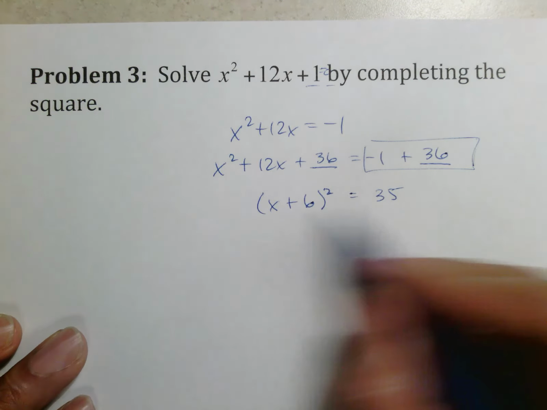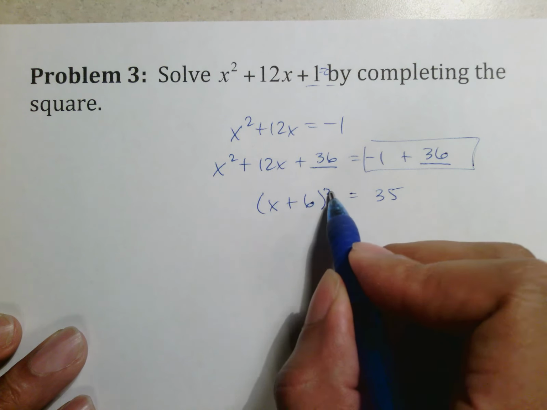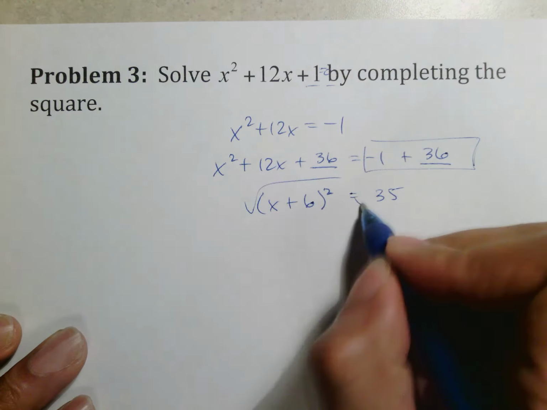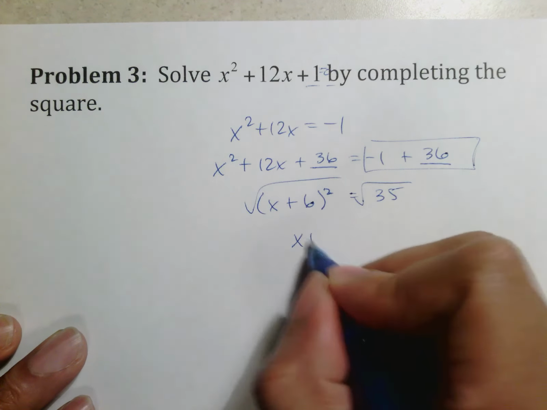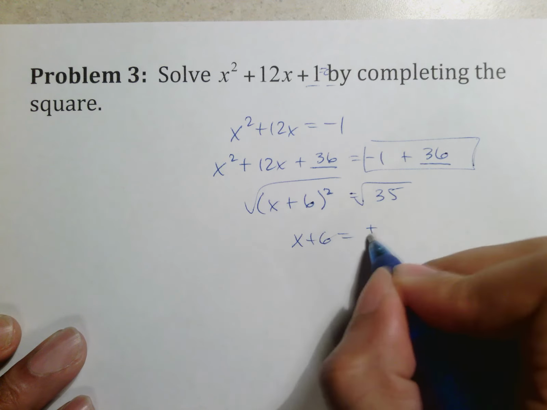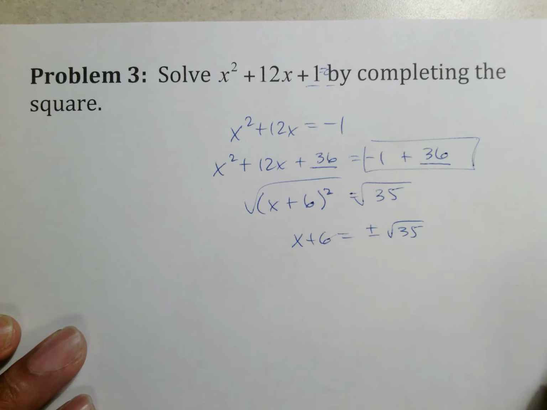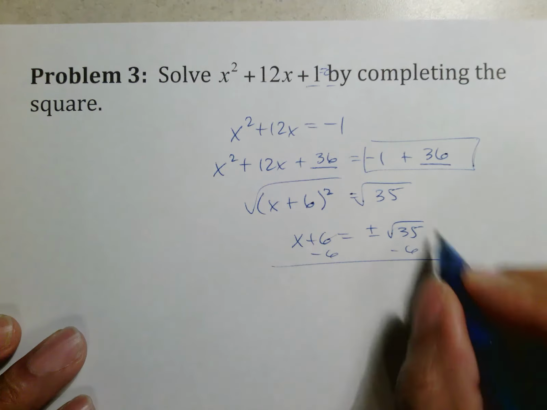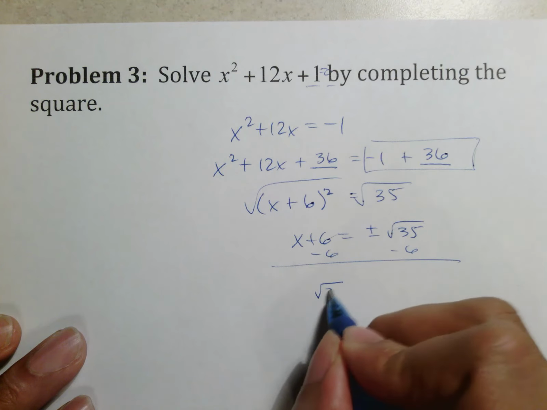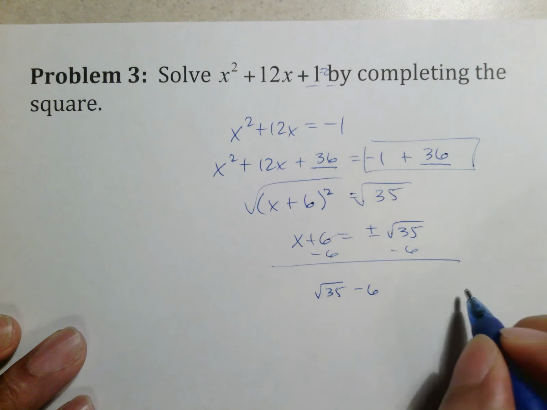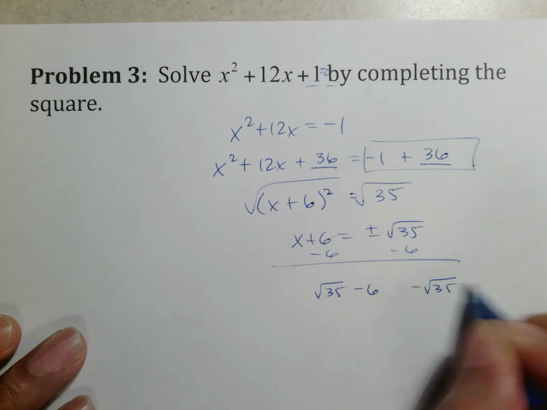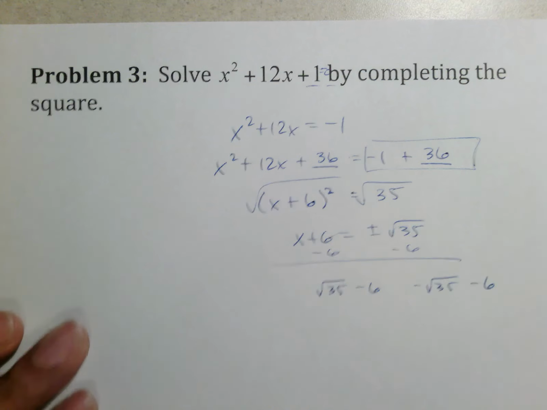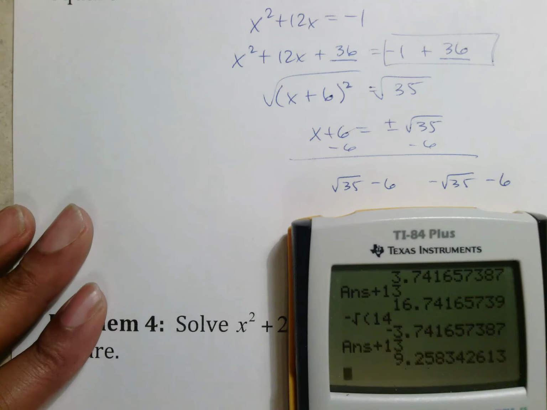Keep in mind, now we solve as usual, which means now we do the square root of both sides, bringing down x plus 6 equals plus or minus square root of 35. And the last thing we're going to do is subtract 6, which gives us the two answers of root 35 minus 6 and negative root 35 minus 6, which we then type into our calculator appropriately.